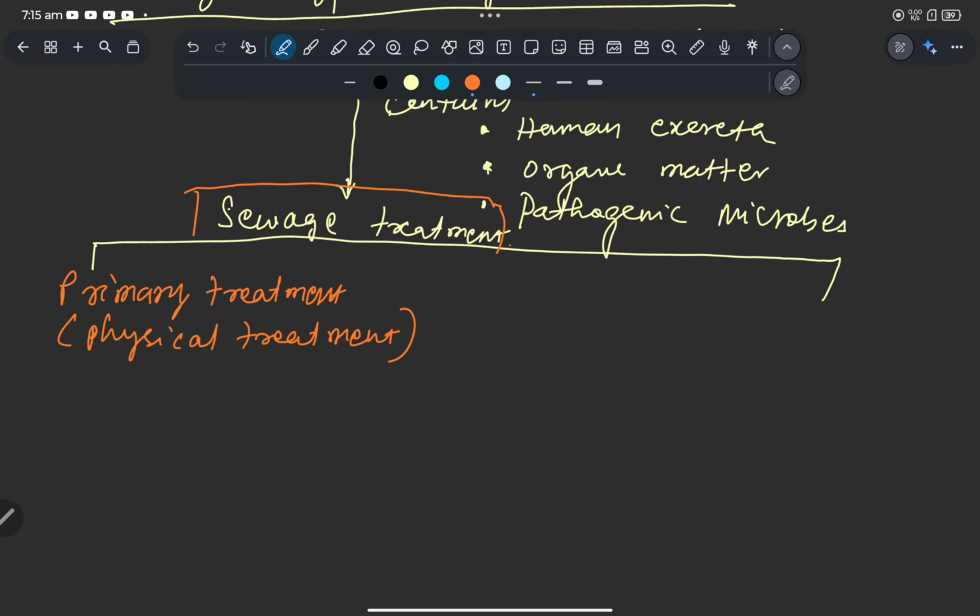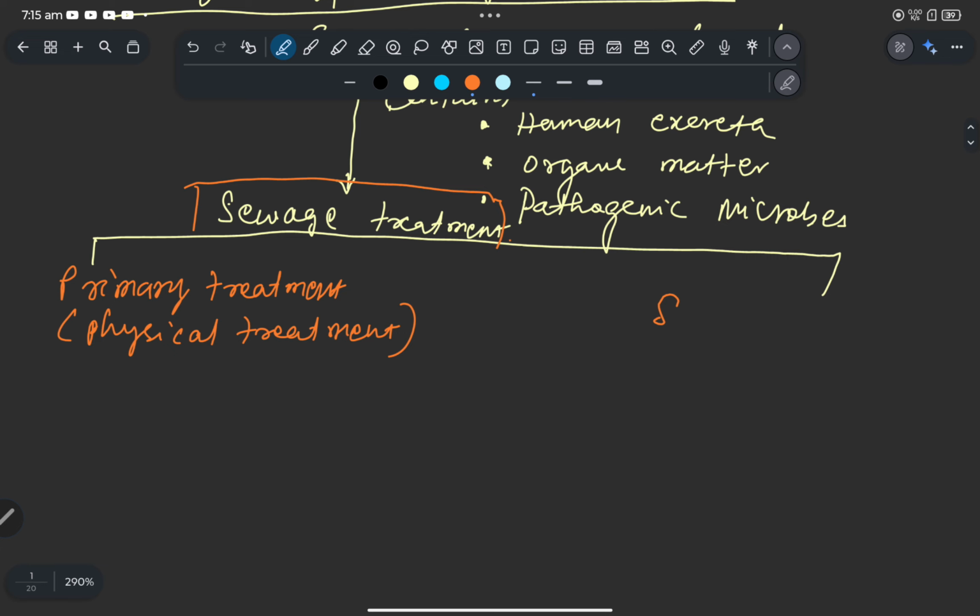And the other one is secondary treatment. So the first step is the primary treatment and the second step is the secondary treatment. Now let us see what are the steps involved in the primary treatment.